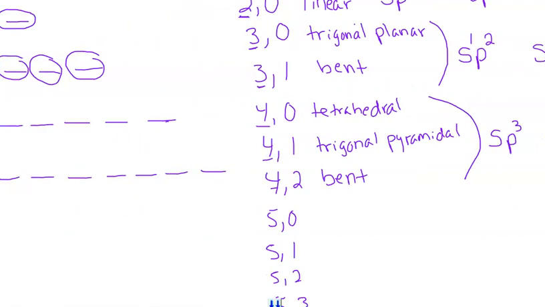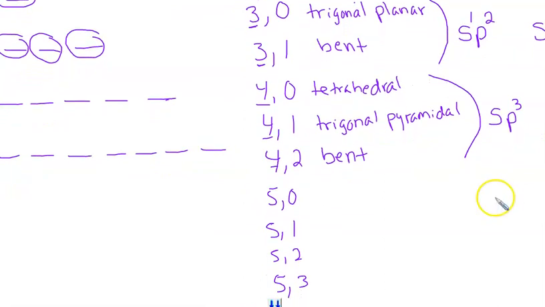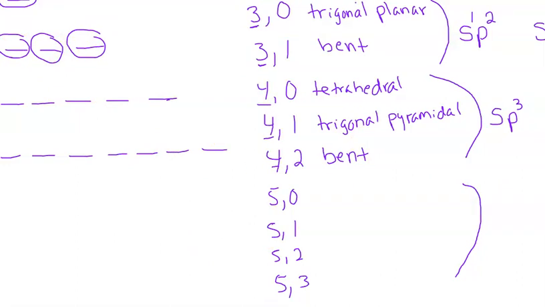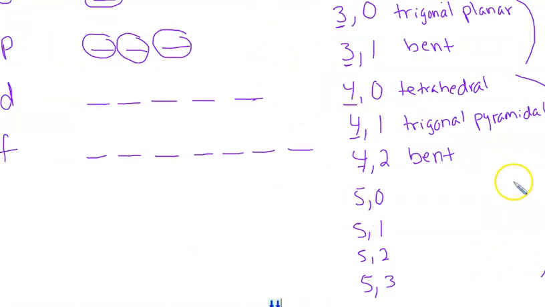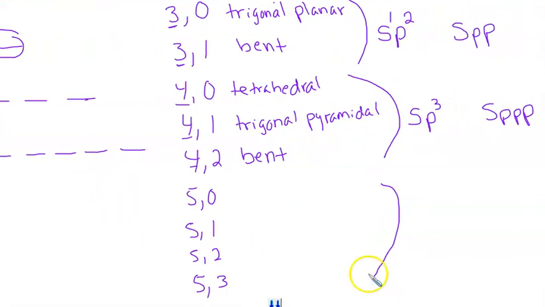Okay, so now 5. We'll get the names of those in just a second. The 5s, I need 5 spots. But look, on the P's, they're gone. So for the 5s, I need 1 S, 3 of the P's, and now I'm getting into the D's, which is why the thing can have more than 8 electrons, because now it starts putting things in that D sublevel.